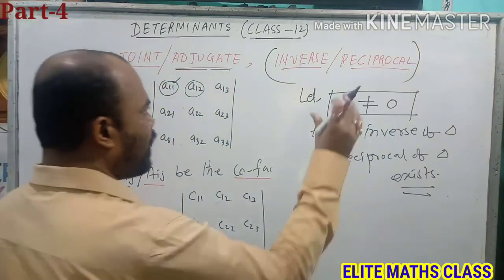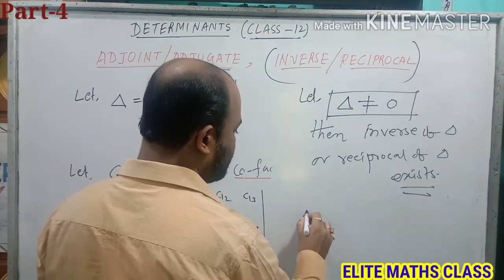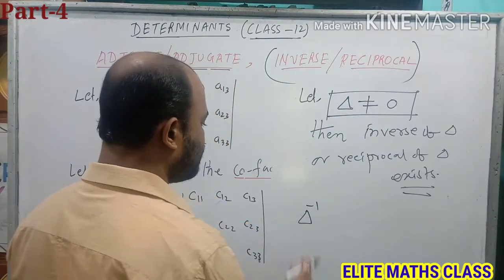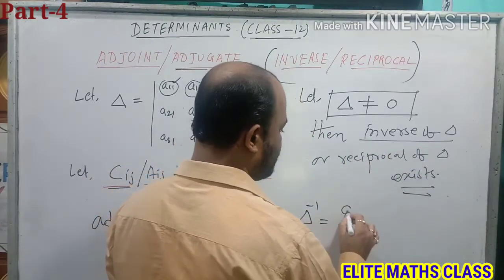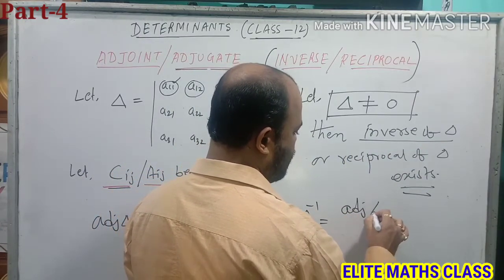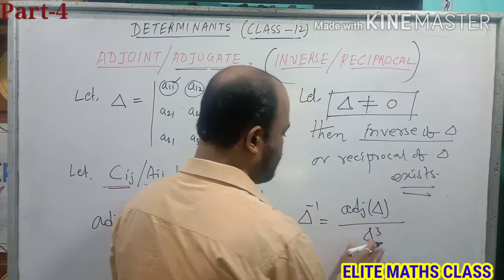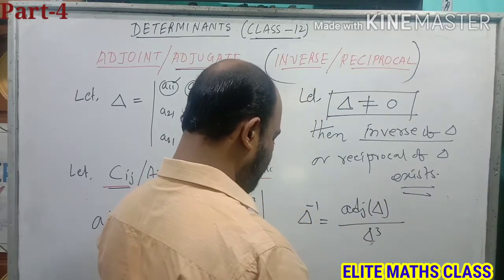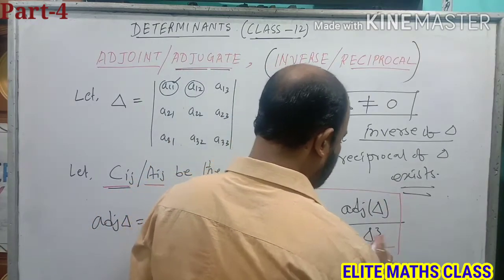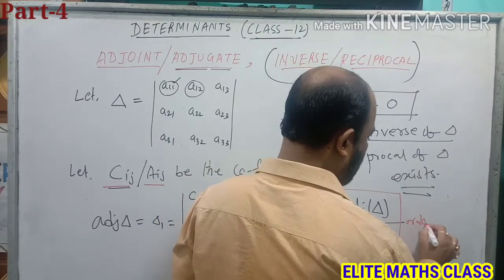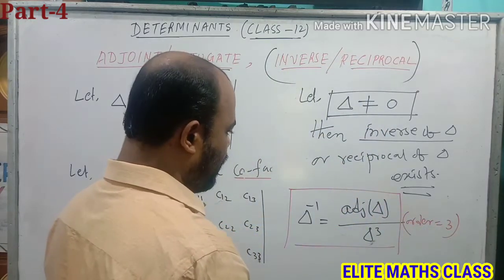Now see how the inverse or reciprocal is defined. It is denoted as del power minus 1. Del power minus 1 means inverse of del, and it is defined as adjoint of del by del cube. This is the definition of the inverse of a determinant, and this del cube is for order 3. This definition is for order 3.